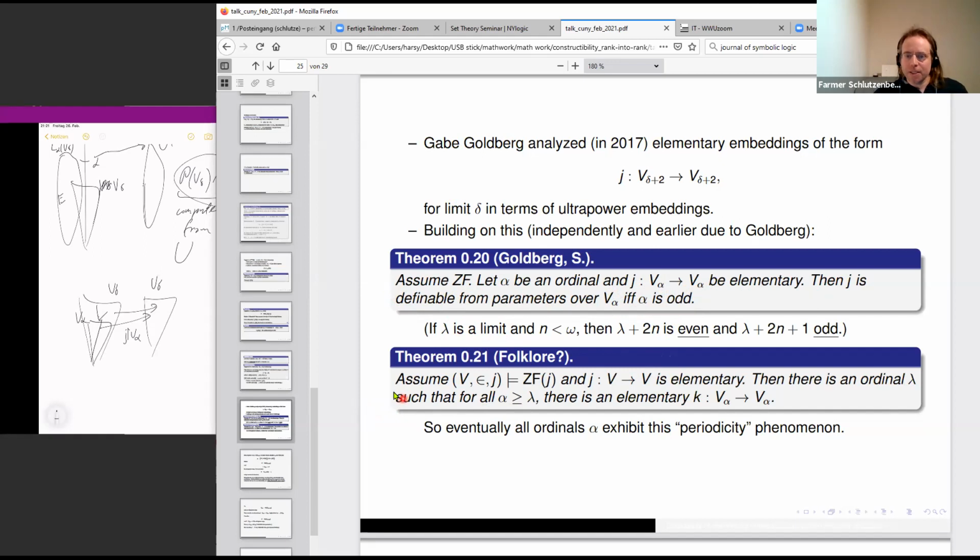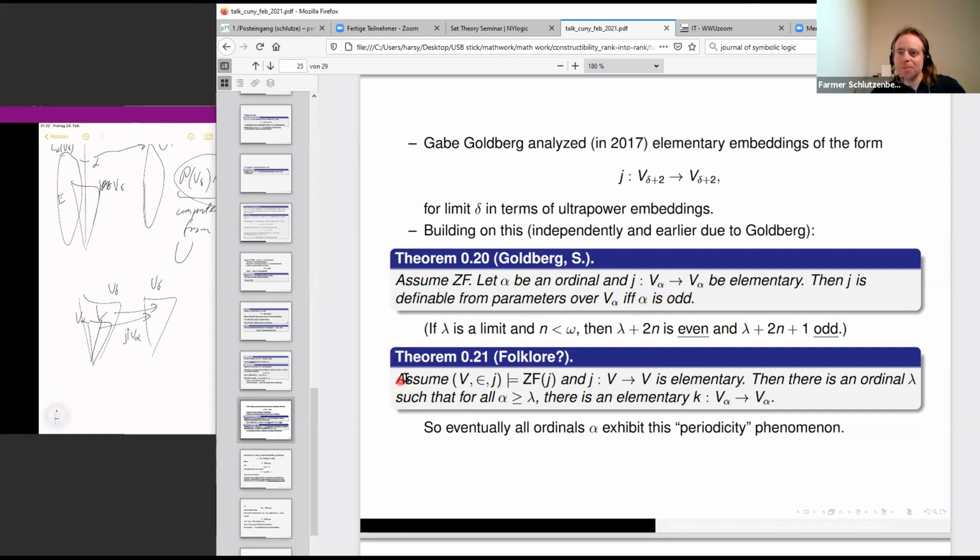This says that there's a strong structural difference between the even and odd levels in the cumulative hierarchy: whether elementary embeddings are definable from parameters or not is something quite different between them.